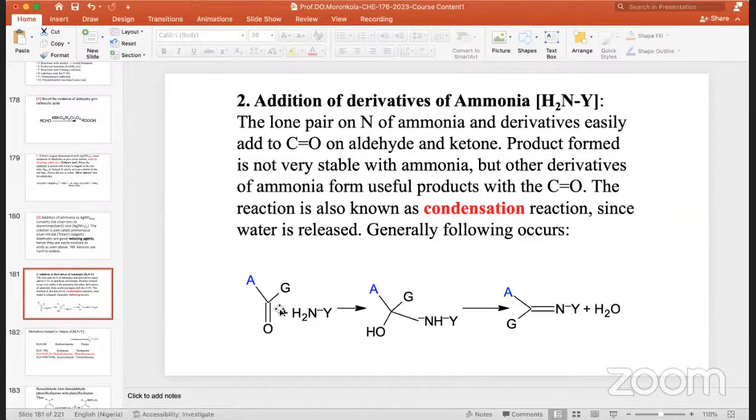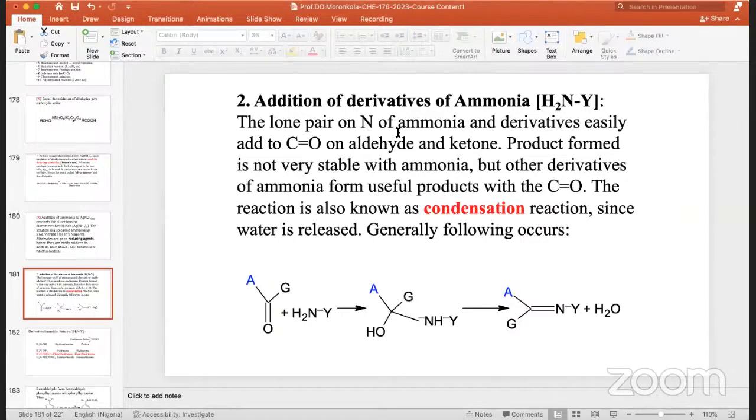So we have this carbon-nitrogen double bond, which comes up after removal of water. Can you see? Irrespective of what the groups may be, you just remove the oxygen and then bond the carbon to the nitrogen part of the derivative of ammonia.